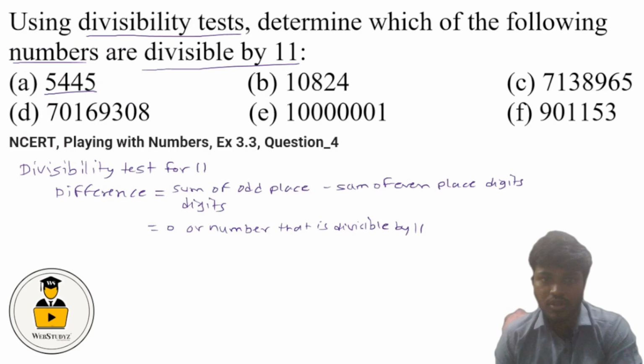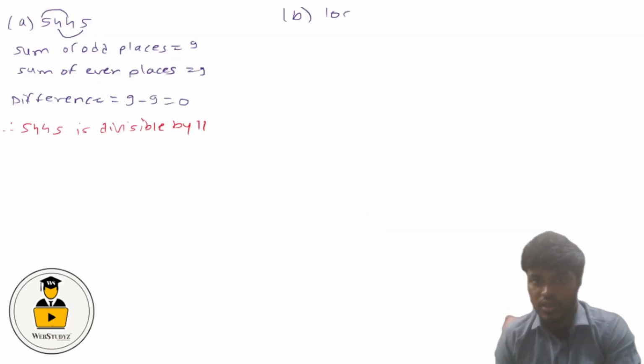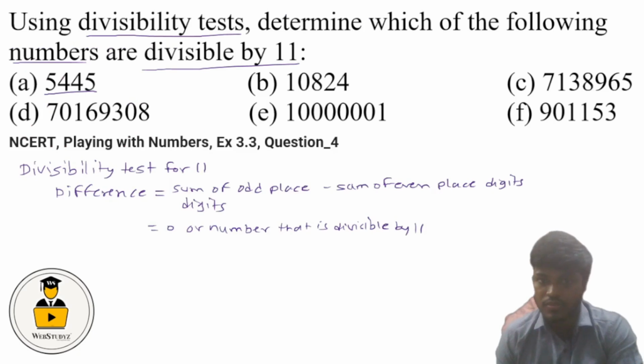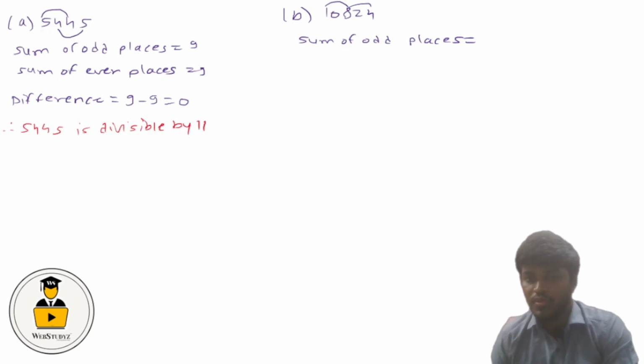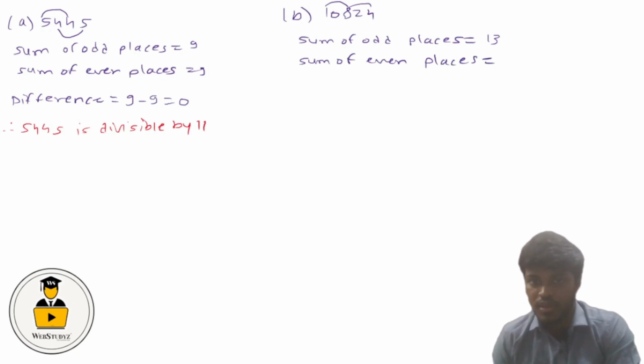Now let us consider the second example. The number is 10,824. Let us find out the sum of odd places. It will be 1 plus 8, which is 9, 9 plus 4 is 13, and the sum of even places will be 0 plus 2, which is 2.